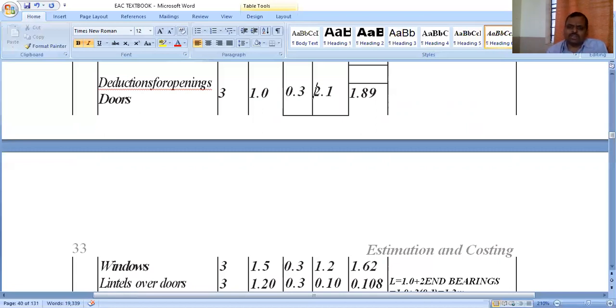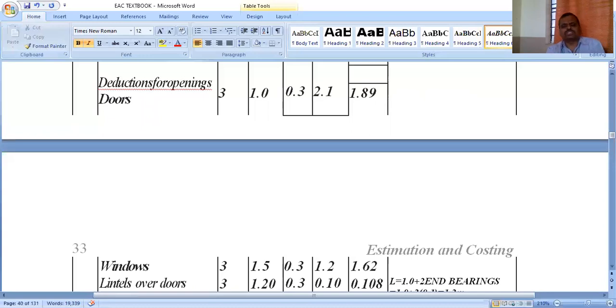While finding out the quantity of brickwork, what we have done is we have directly multiplied the length of the long wall with its width and its height. The problem is that there is no need of construction where an opening is needed. Where there is an opening, the doors are openings as well as the windows are openings.